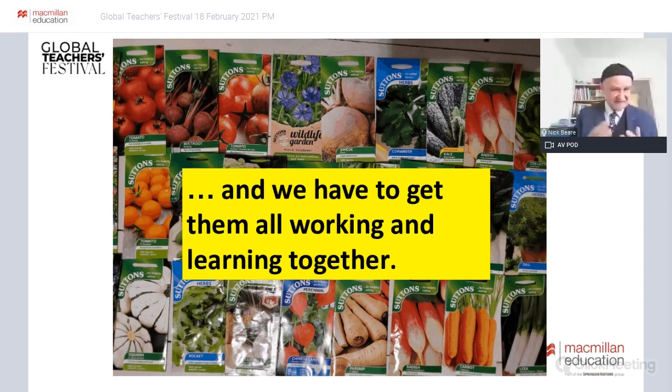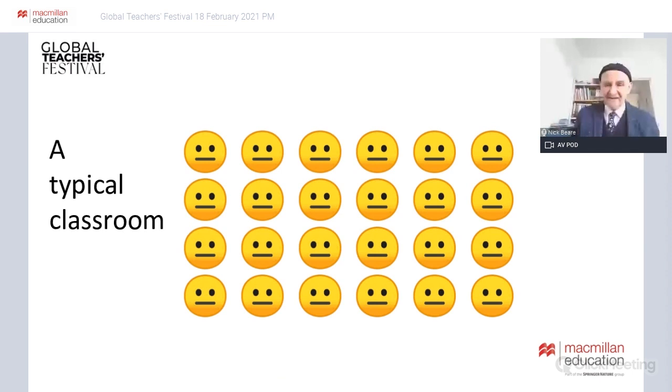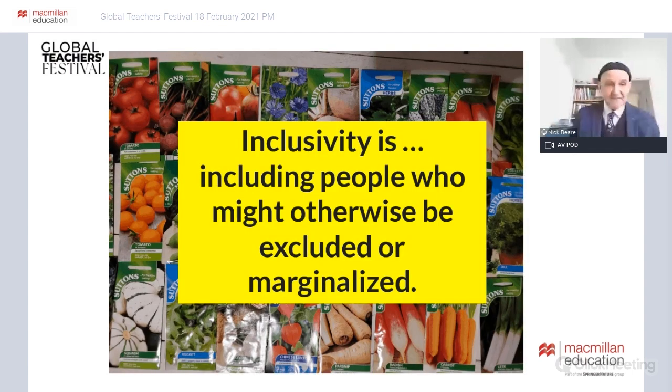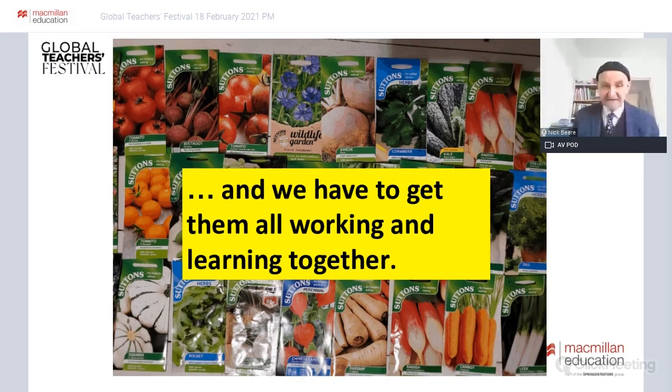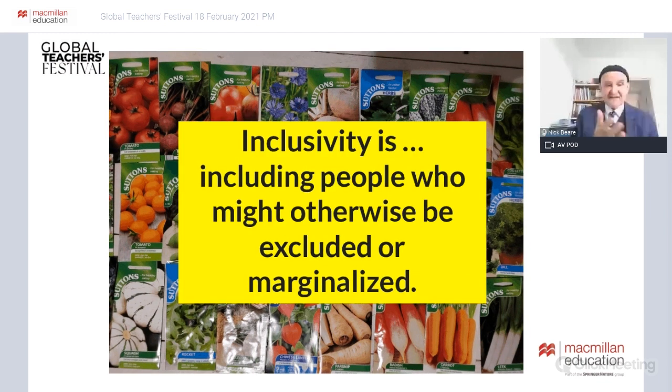Very often, in every class, for lots of different reasons, some students aren't quite so involved in the process of what's going on. Whoops, let me jump two pages, let's not go there. Right. They feel, as we say in the example, the inclusivity, like people who might otherwise be excluded or marginalized.